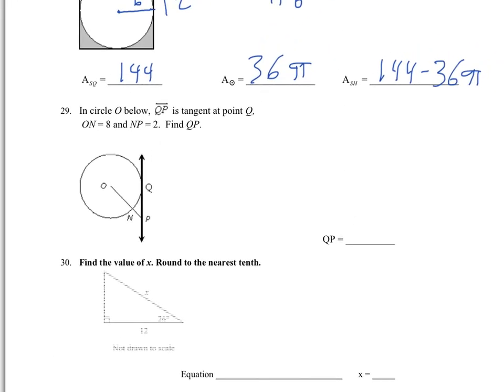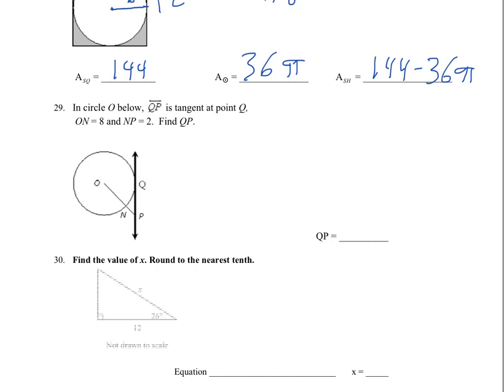Okay, 29. In circle O below, QP is tangent at point Q. So ON is 8, NP is 2, find QP. So what we end up having is x, that's our unknown.